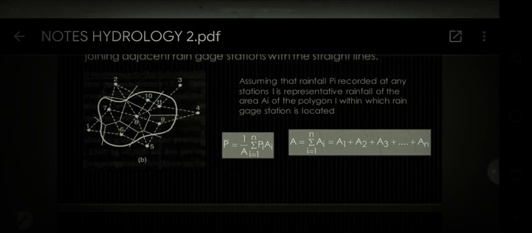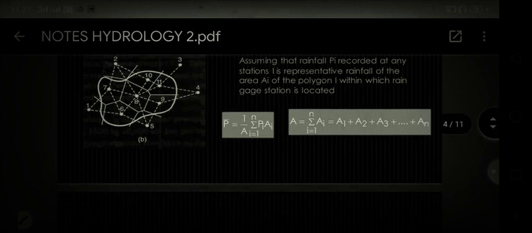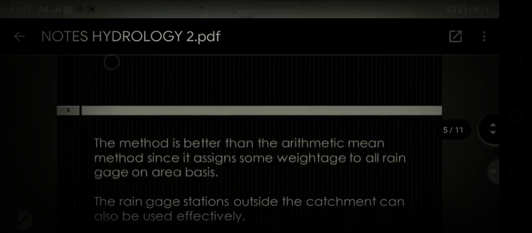So P bar is equal to 1 by A summation of Pi Ai, i equal to 1 to n, and we get the value of average rainfall. Here A is equal to summation of Ai, which is A1 plus A2 plus A3 plus An, i equal to 1 to n.